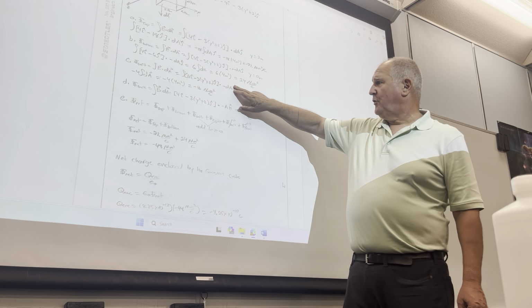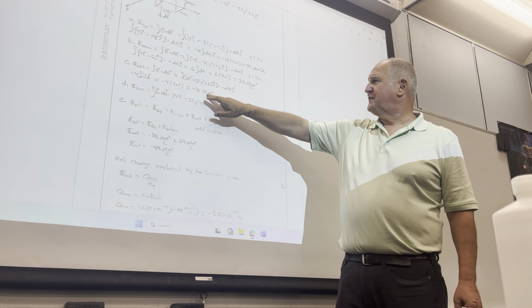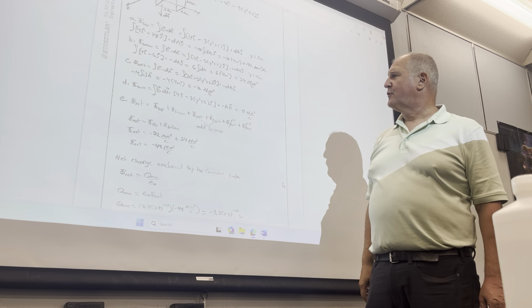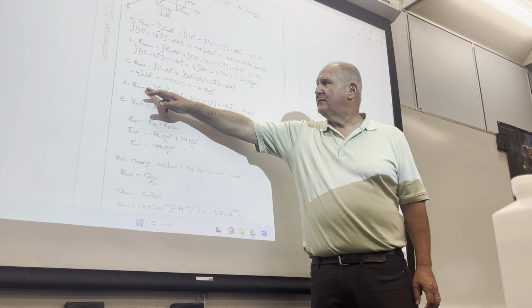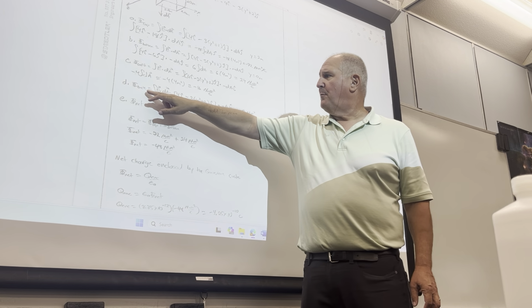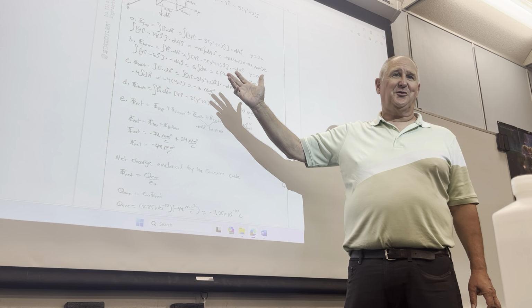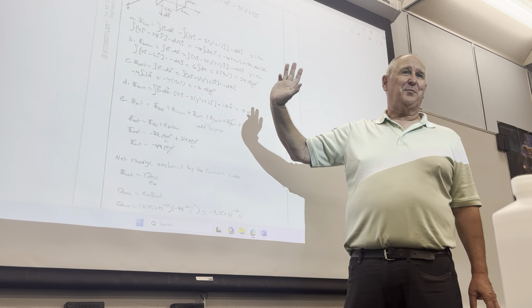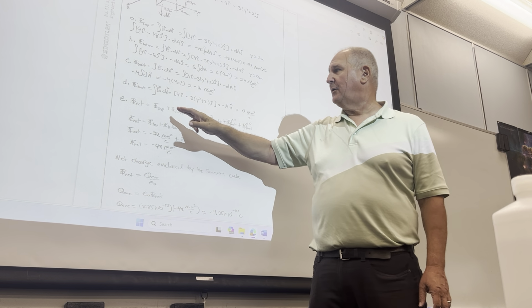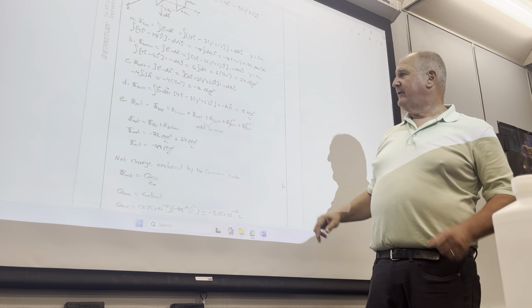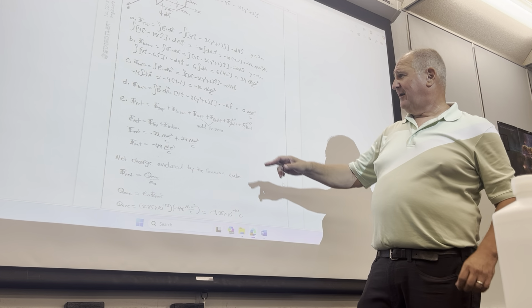So yeah, this is where we get our minus 16 Newton meters squared per Coulomb. That's the left, and then I'm going to do the back. Now notice I don't do the right, because the right is actually going to be the same value, just positive, so we'll take that into account. The back here, this is going to be E dot dA.